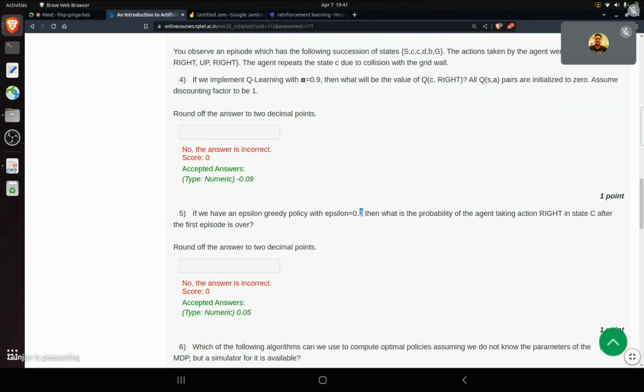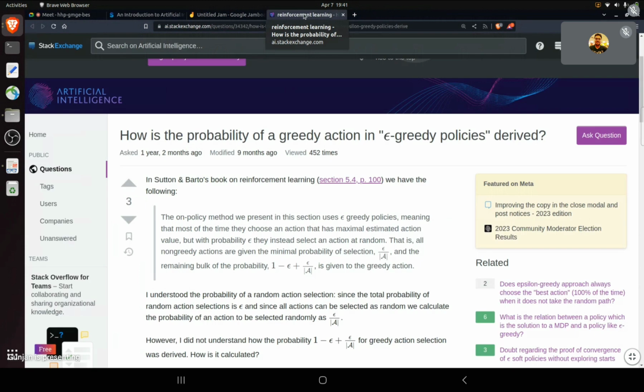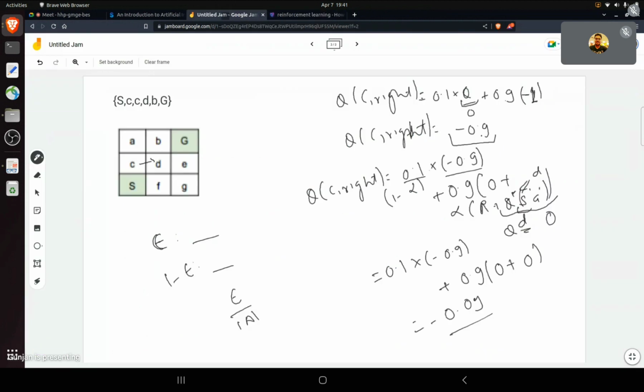Once again, since the action right at state C is not the greedy action, what we would do is give it a probability epsilon over mod A, because in the case of epsilon-greedy policies, the non-greedy actions are given the minimum probability of selection as epsilon over mod A. In our case, mod A, that is the number of actions feasible, is 4 and epsilon is 0.2, so the value will be 0.05.